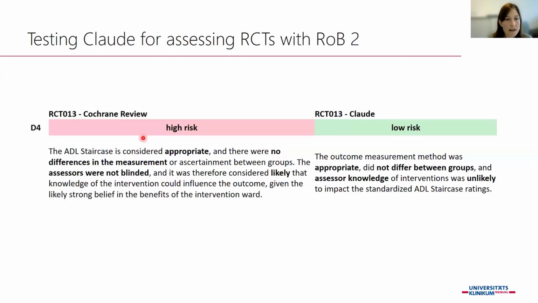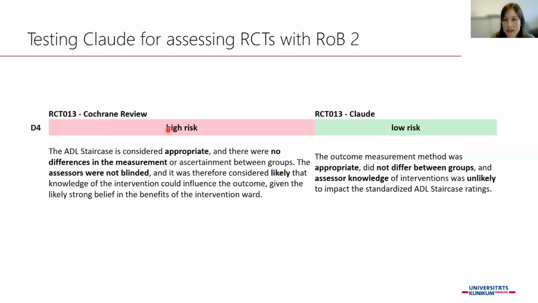Cochrane reviewers said the ADL staircase is considered appropriate, there were no differences in the measurement or ascertainment between groups, but the assessors were not blinded, and it was therefore considered likely that knowledge of the intervention could influence the outcome. So they judged high risk.